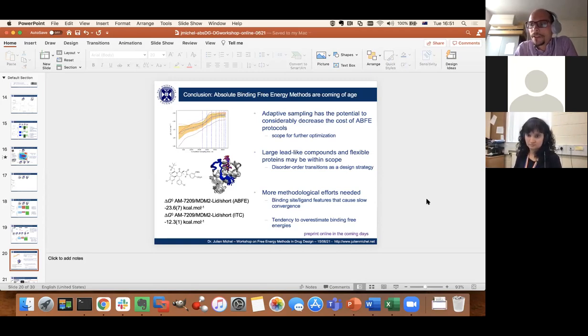We don't actually think so, because we can break down this free energy of binding into a contribution from the charge and the Lennard-Jones term, and we see that the overestimation seems to come from the Lennard-Jones term. So short answer, we don't correct for net charge effect in this particular study, but I don't think that explains the discrepancy with the experimental data.